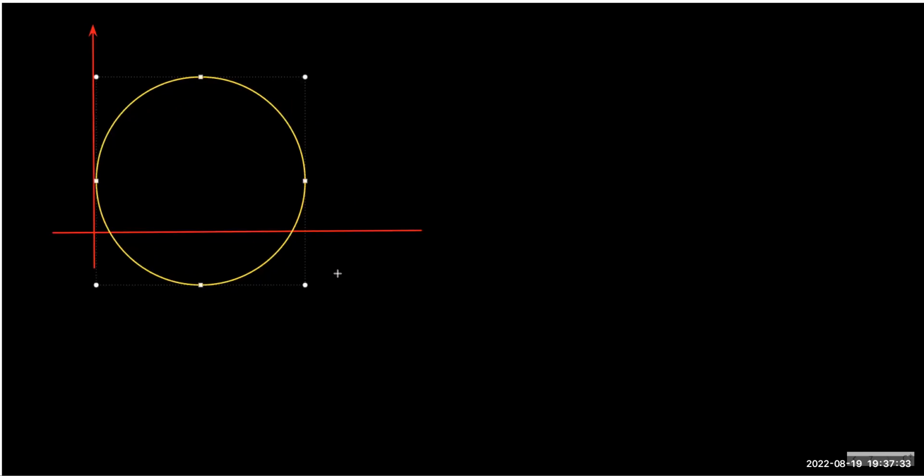So let's do some more slightly challenging one. So we have a circle of radius r, and from the center this is the height h, and the radius of the circle is r.